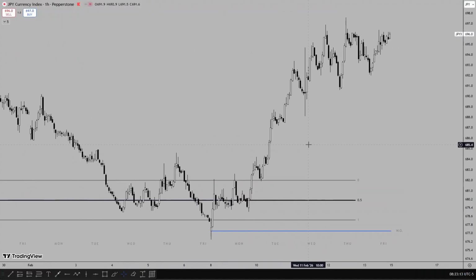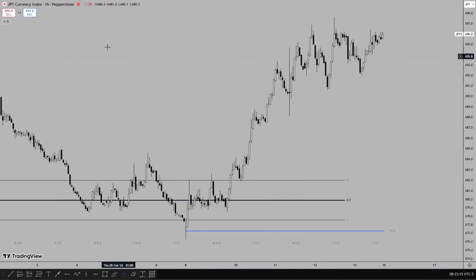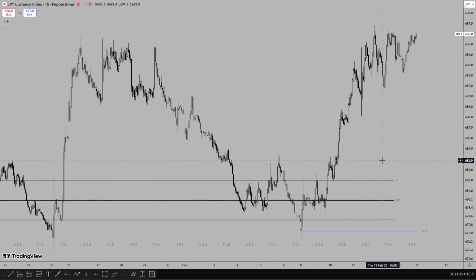So if you're trading a JPY pair, make sure you look at the currency index of the JPY pair. That will give you a broader perspective and help your accuracy, because when there's a weaker dollar and a chance of a stronger JPY index, that will lead to good price action on USD JPY.